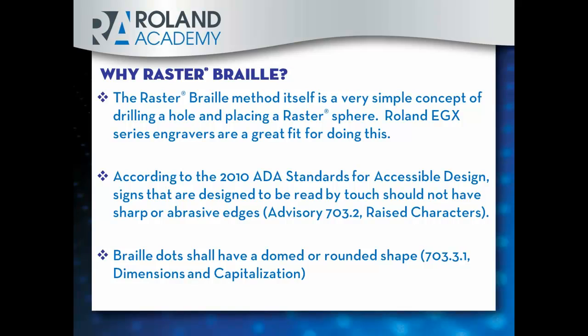Also, the ADA standards do specify that braille dots must have a domed or rounded shape. And I make note of the section in the ADA standards, which is 703.3.1, which covers dimensions and capitalization. Now, with photopolymer, because it's an etching system, it leaves the dots flat on the surface.